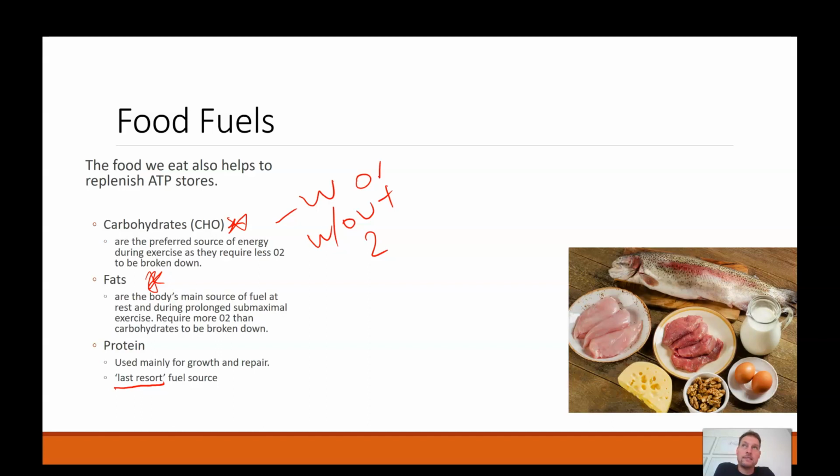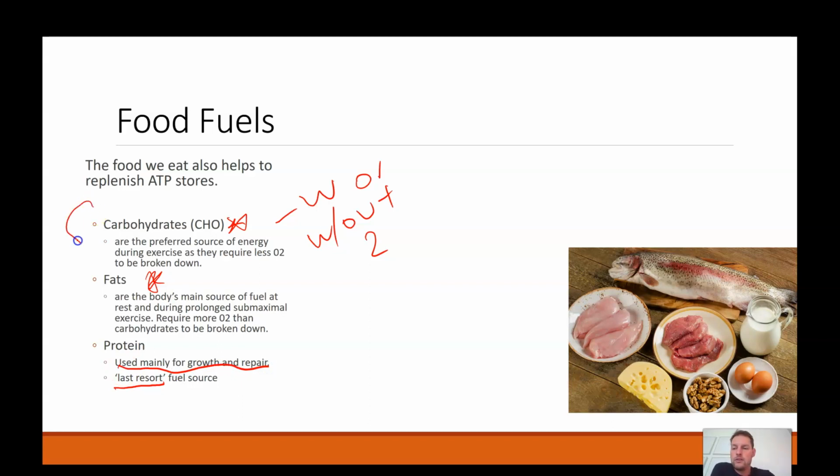The Hawaiian Ironman is a 3.6k swim, a 180k ride, and then a marathon at the end. Think even longer events than that is where protein may be used a bit more. But the main reason for protein in our diet is actually for the growth and repair of our muscles. So we're not going to be talking about protein so much as a food fuel.